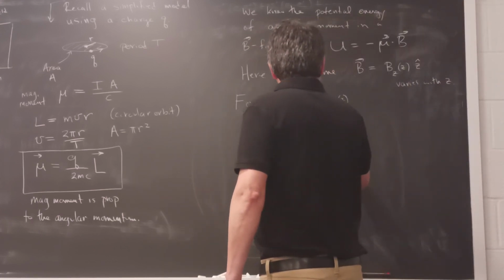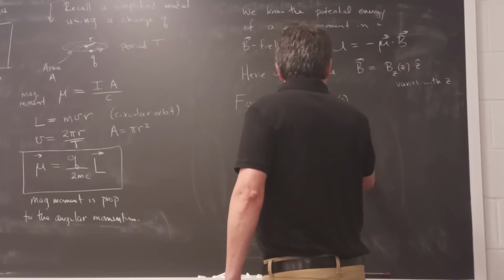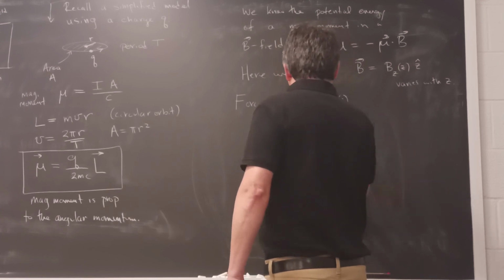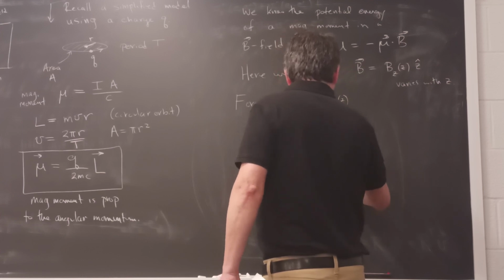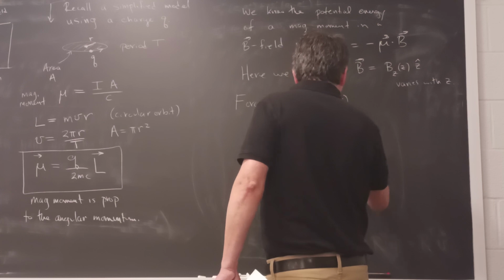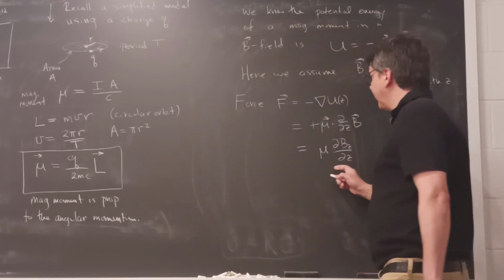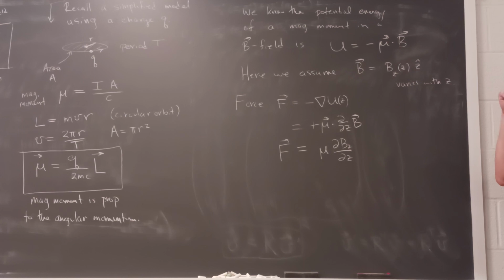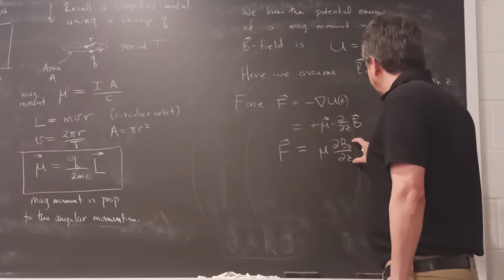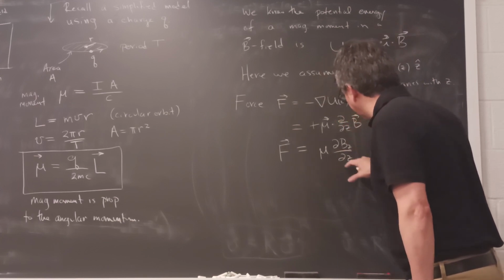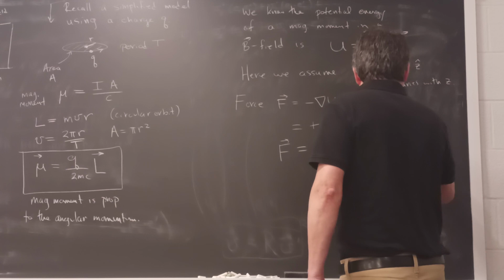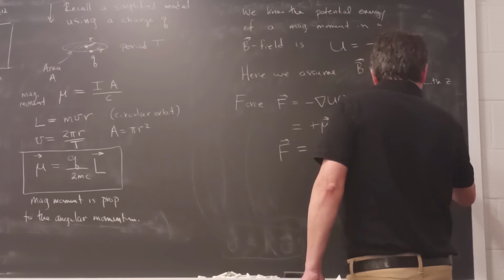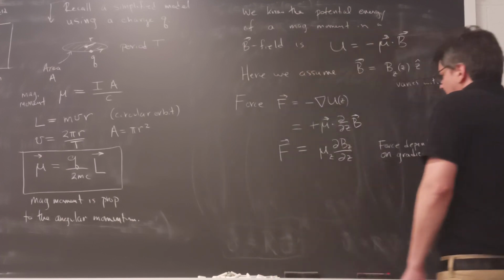So this would be then plus mu dotted with d by dz of B. I'll have a force that is dependent on the gradient of the field. So that's mu z dBz.